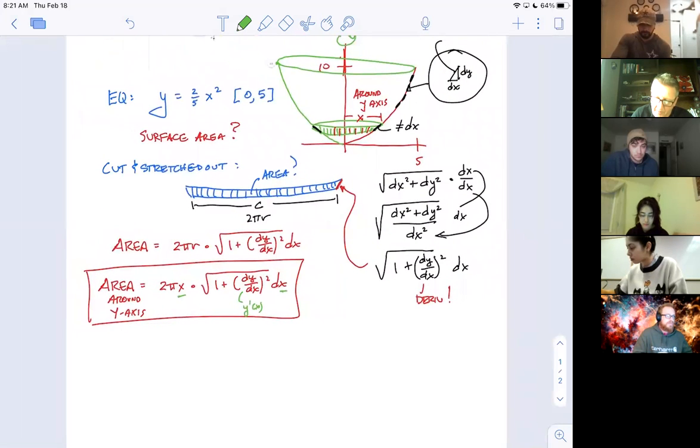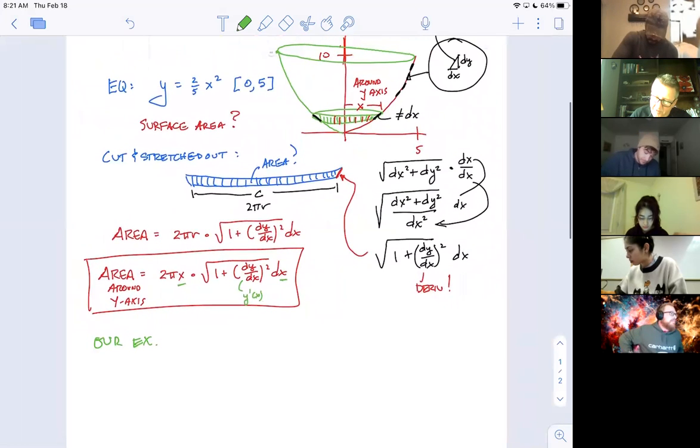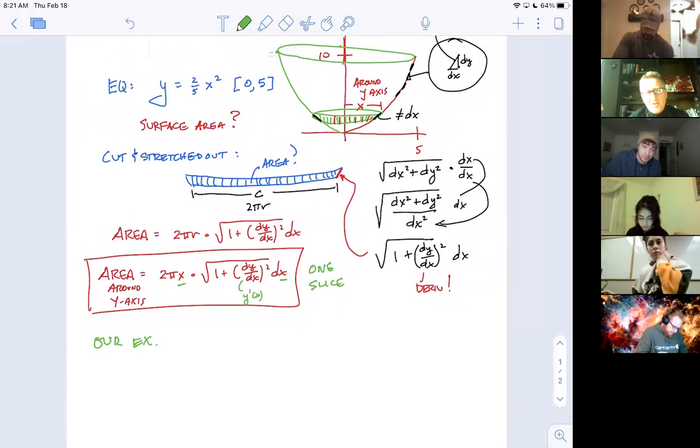So for our parabola then, for our example, we'd say, okay, cool, I've got everything I need. Now, the only other thing I need to add is the area of one slice.